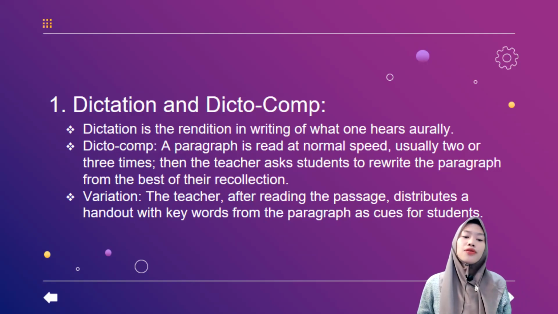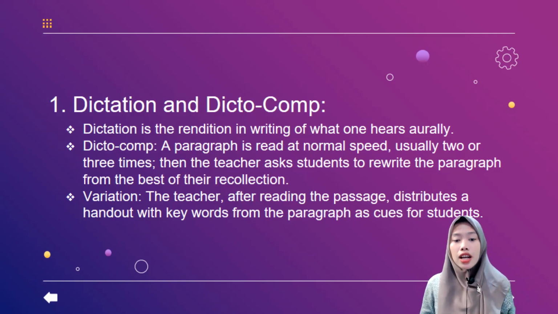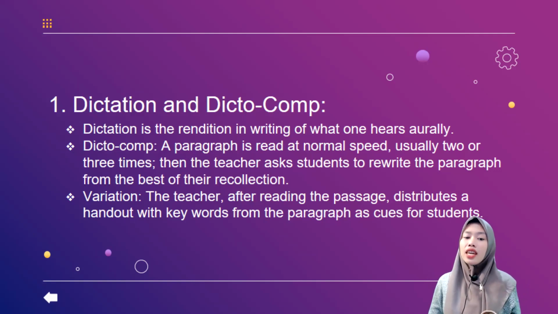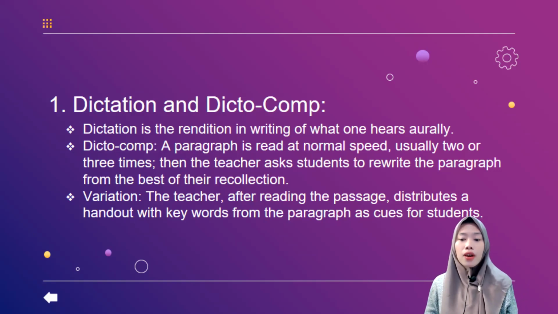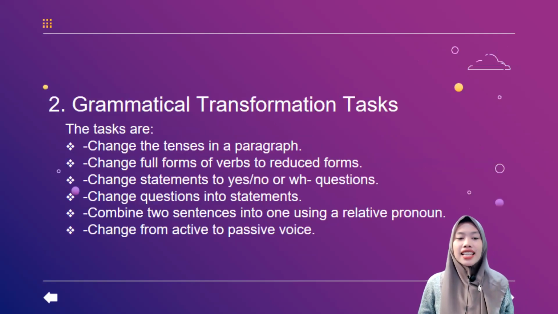Okay, and then the last is a variation. The teacher, after reading the passage, distributes a handout with keywords from the paragraph as cues for students. And then the second is the grammatical transformation task.